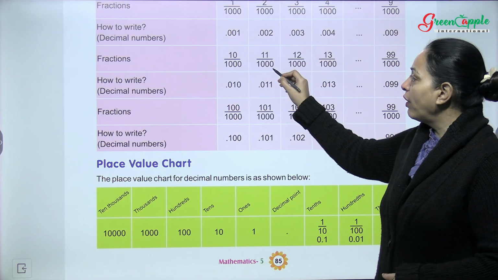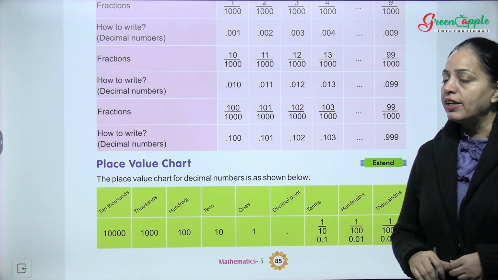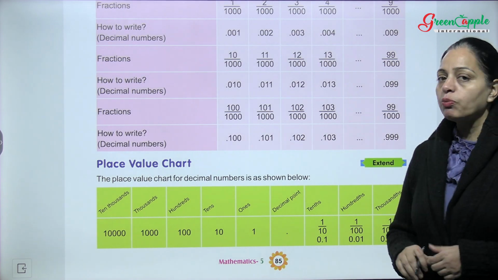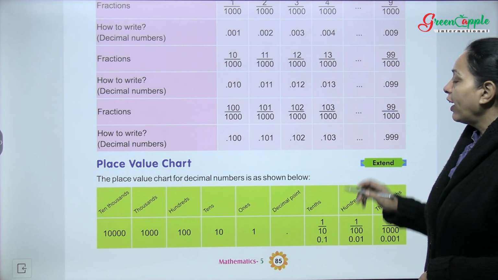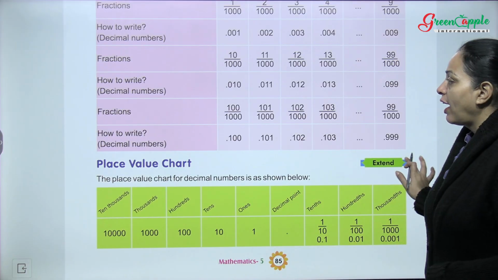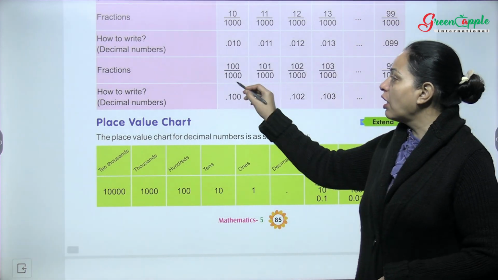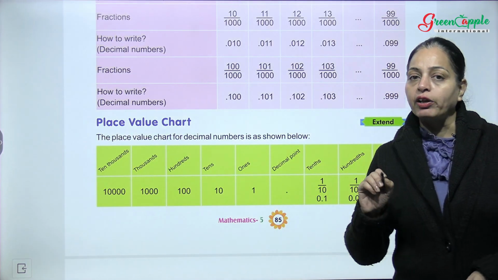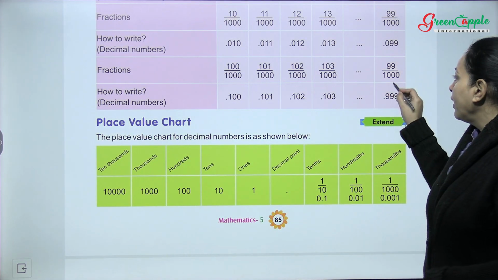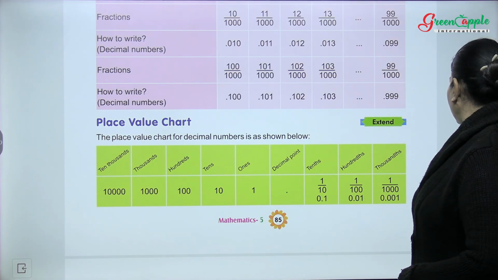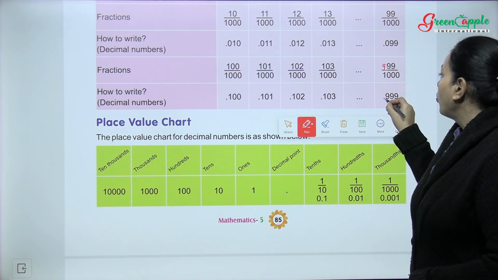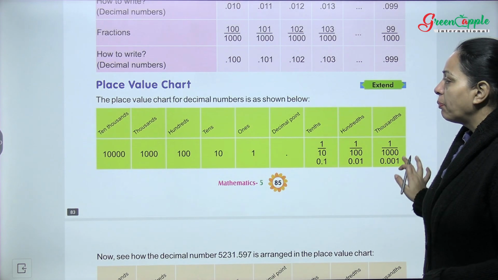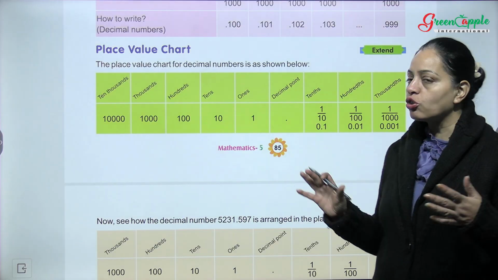Now 11 upon 1000, 0.011, 12 upon 1000, 0.012, 13 upon 1000, 0.013, 99 upon 1000, 0.099. Now 100 upon 1000, 0.100, 101 upon 1000, 0.101. Similarly, for 999, what can we write? 0.999, right?